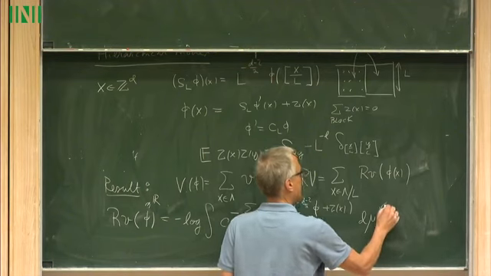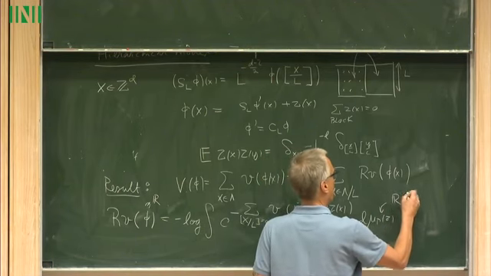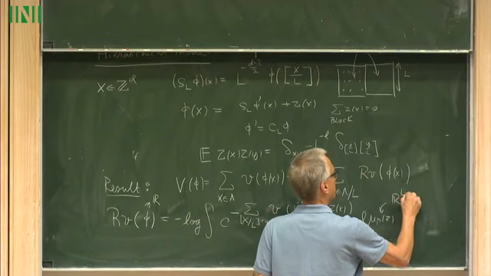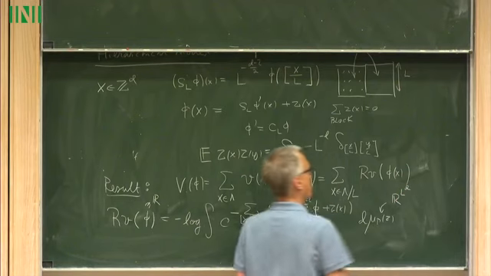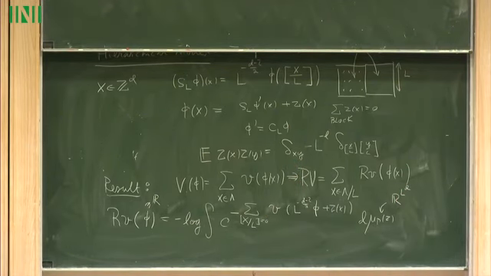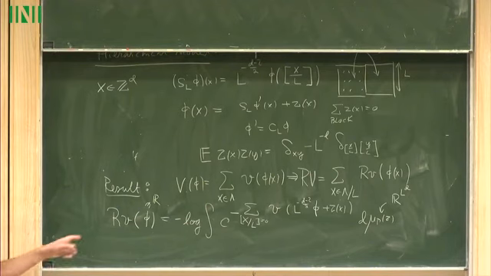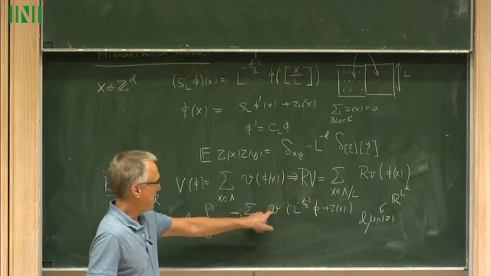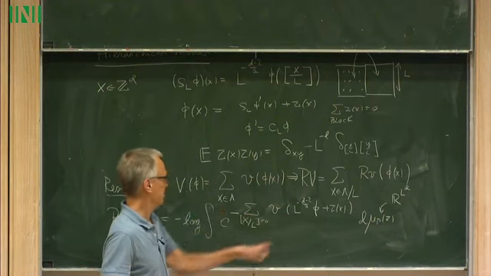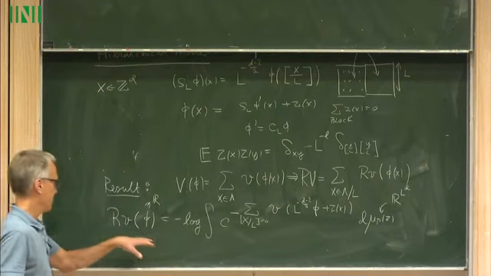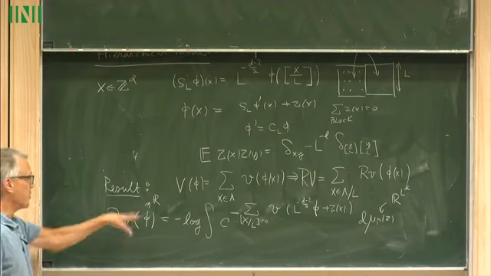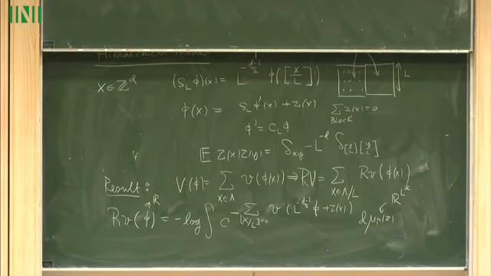And this measure is on R to the power L^d. That's a simple nonlinear transformation. You take a function of one real variable, do this operation, and you get out a new function of one real variable. That's Wilson's approximate recursion, or hierarchical iteration.